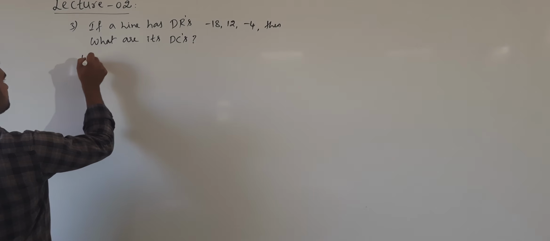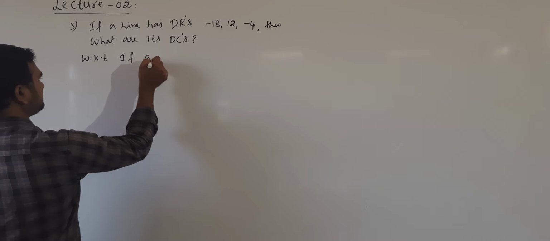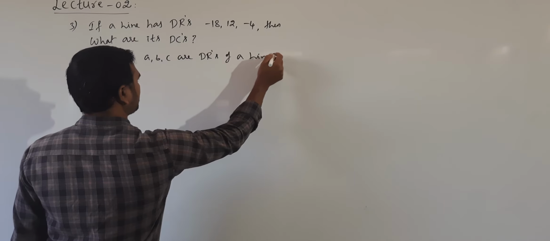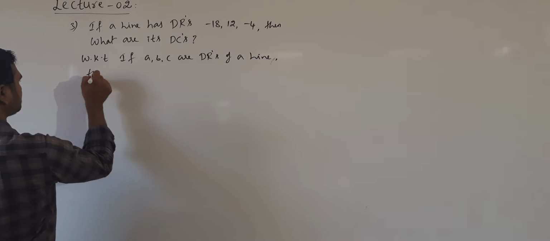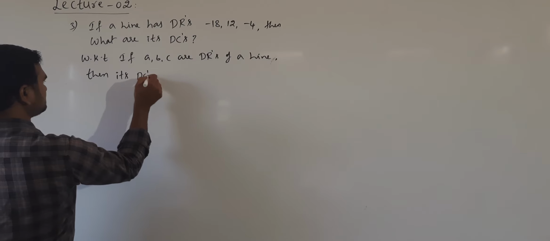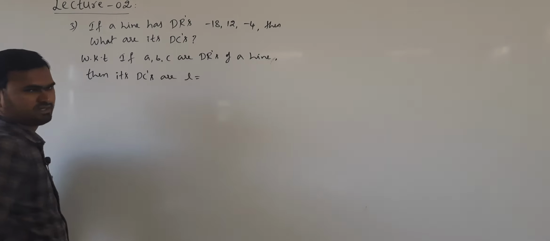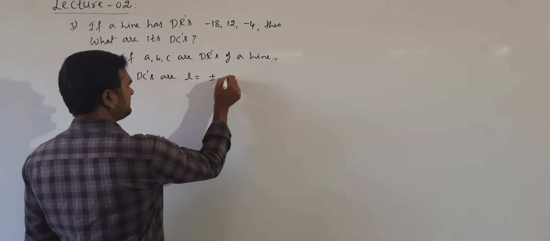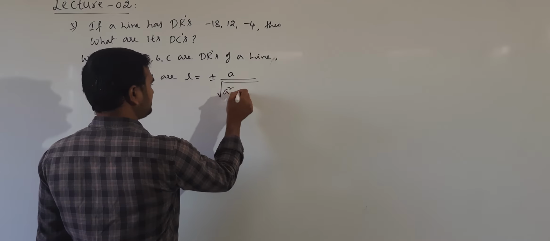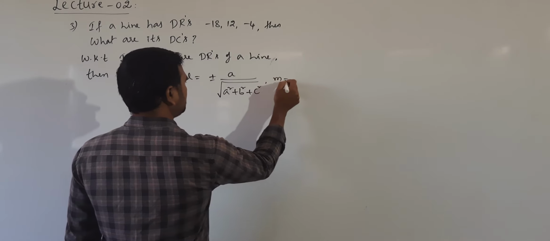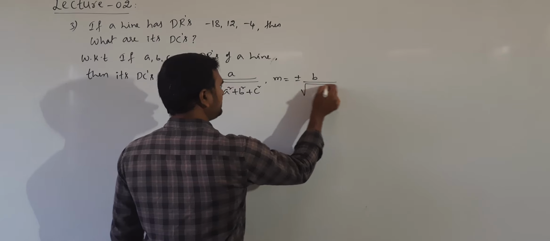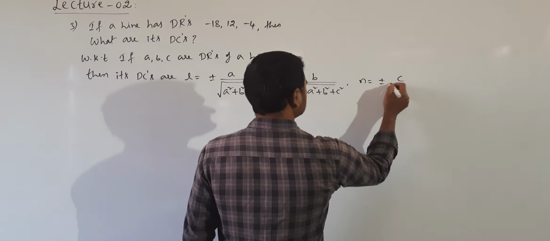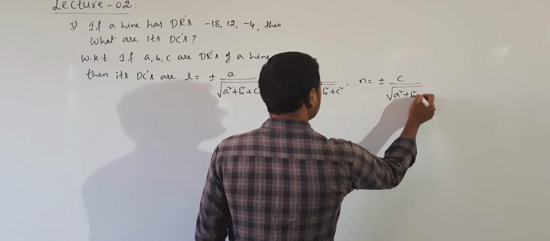We know that if ABC are DRs of a line, then its DCs are given by L equal to plus or minus A by root of A square plus B square plus C square, comma, M is plus or minus B by root of A square plus B square plus C square, and N is plus or minus C by root of A square plus B square plus C square.